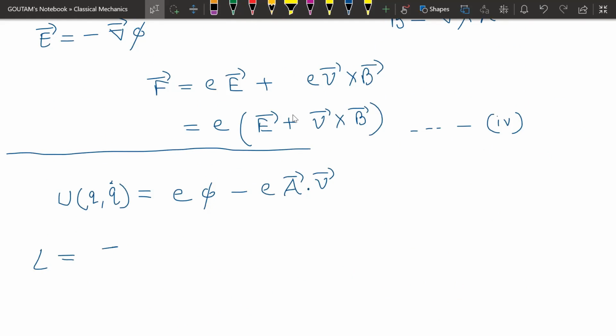So the Lagrangian will be T minus U, and T is half m v square minus eφ.